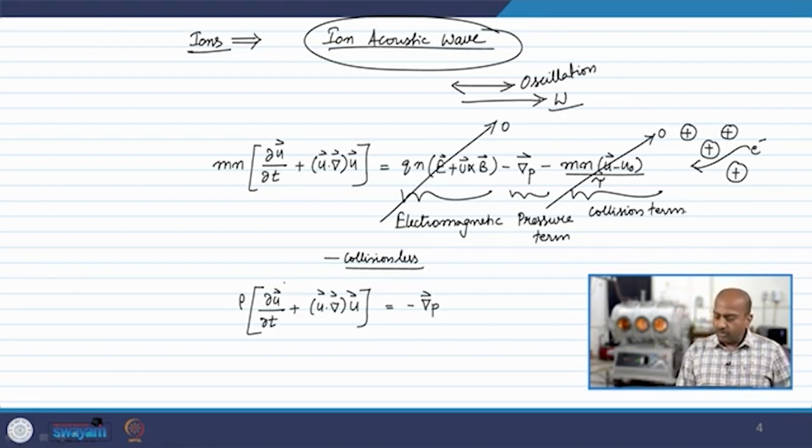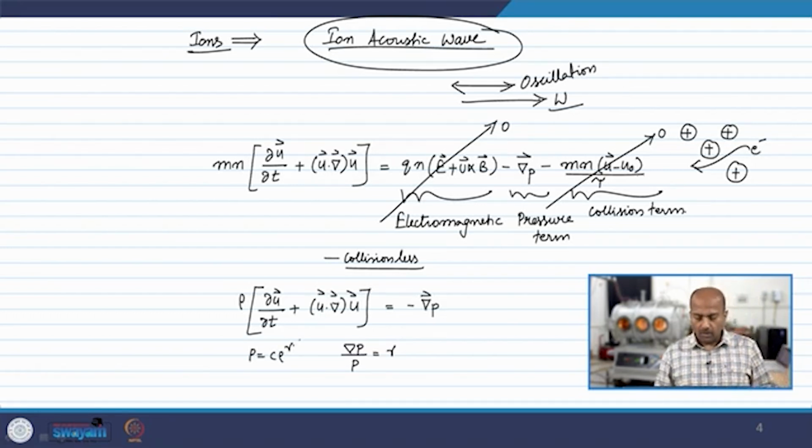From the equation of state, we can write ∇p/p is gamma times ∇n/n, or gamma ∇ρ/ρ. What is the equation of state? It is p equals c times ρ to the power gamma.